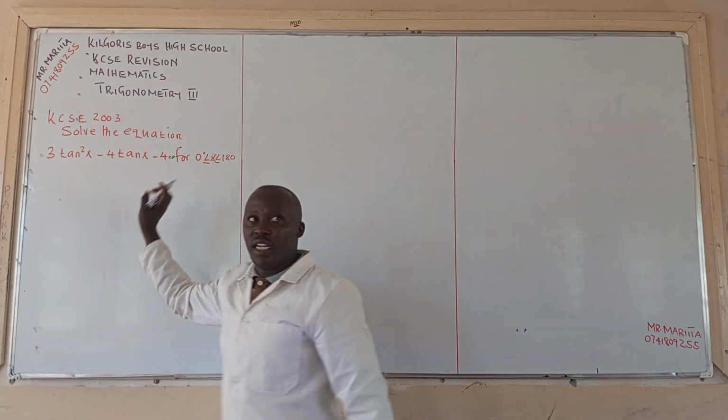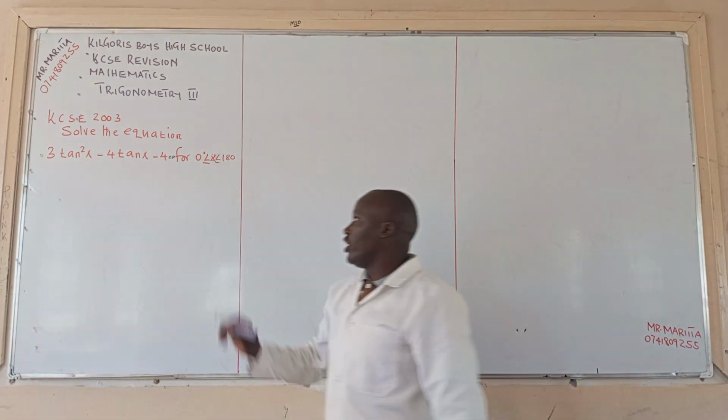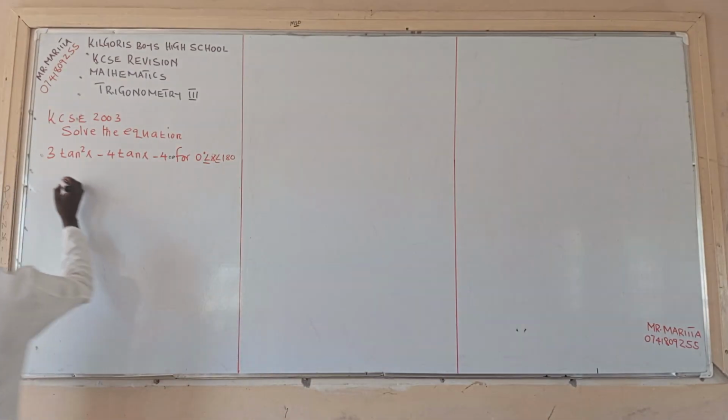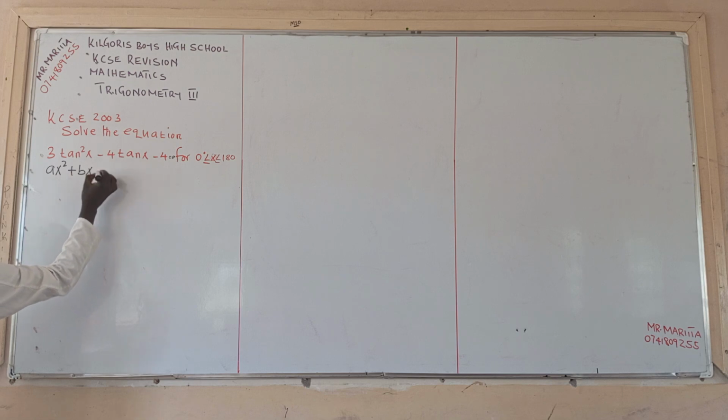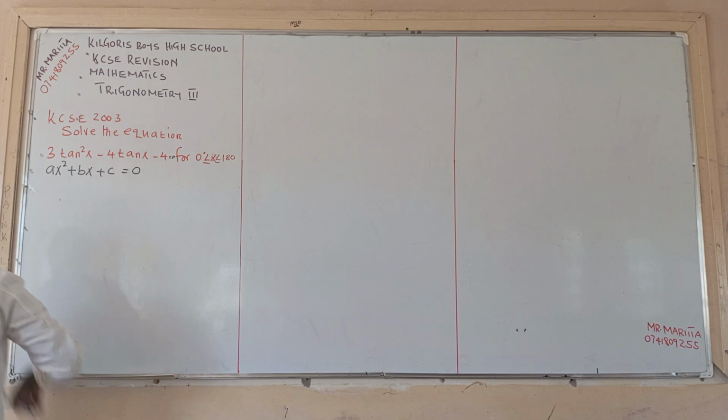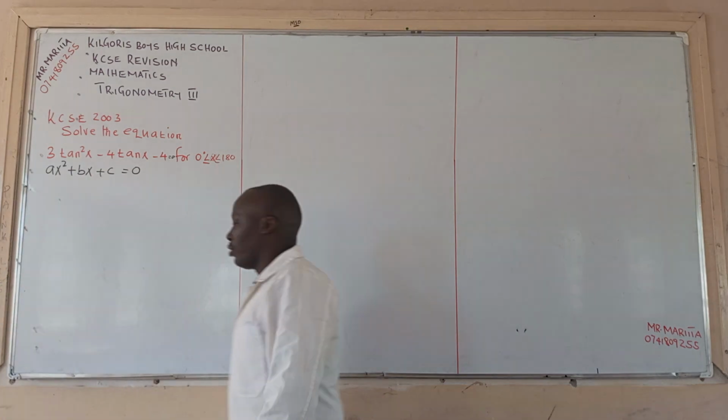This is a quadratic equation, which is in the form of ax squared plus bx plus c, equal to 0.